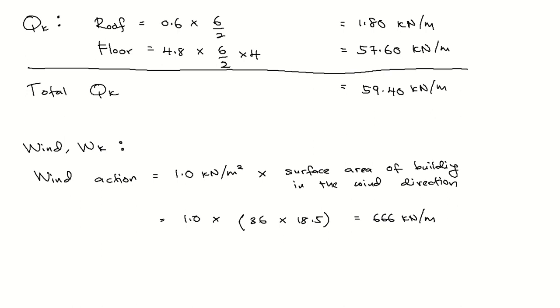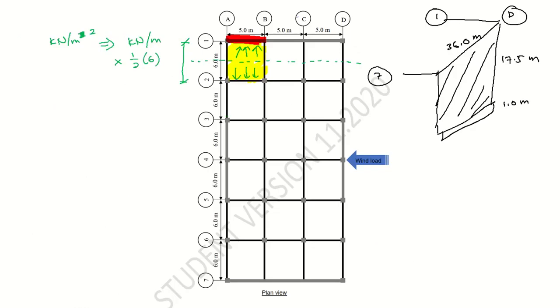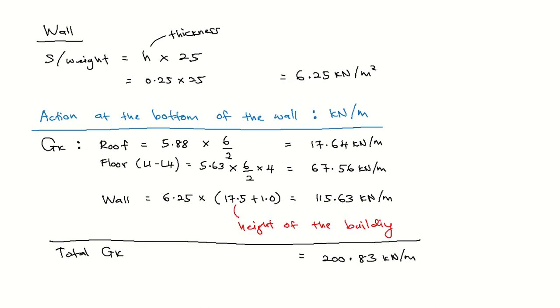But this is for the whole building. In this direction, you have the shear wall at grid line 7 and also at grid line 1. So we are going to divide the loading by these two walls. Half of it will be taken by wall 1 and half of it will be taken by wall 7.